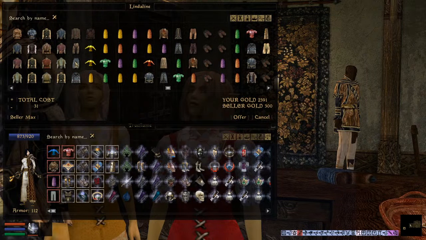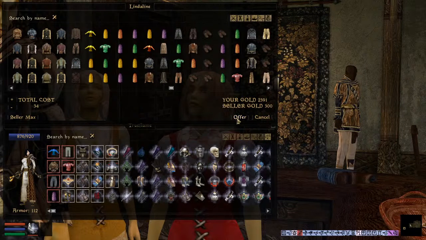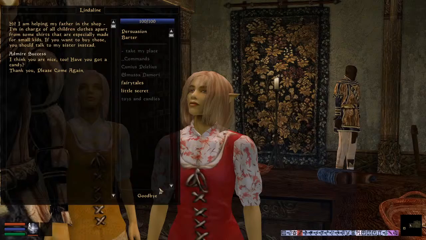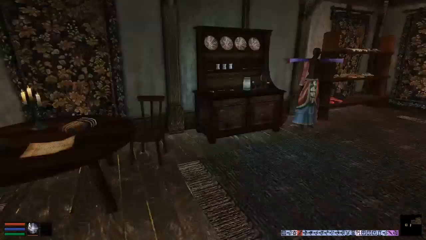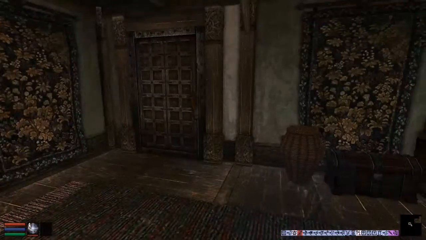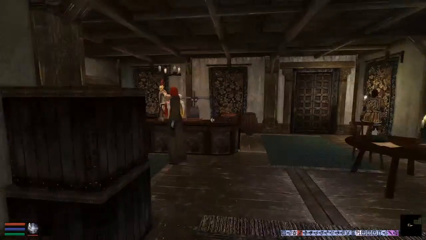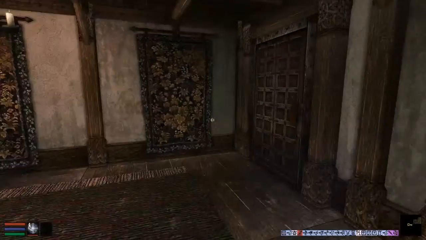Pants. Okay, so these are for the Morrowind children, but no more quests.